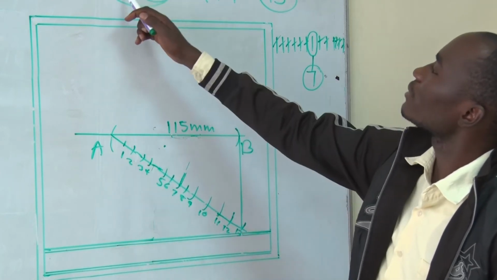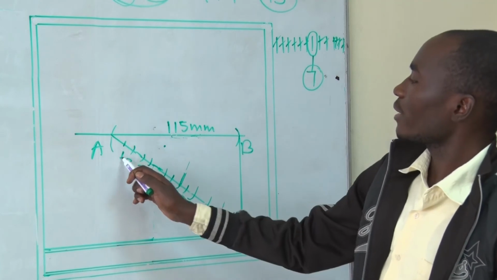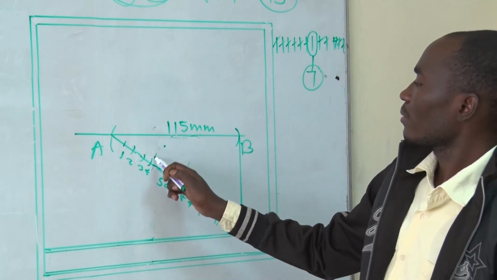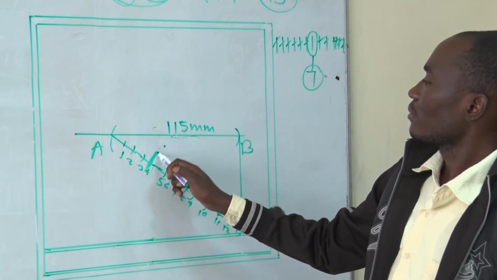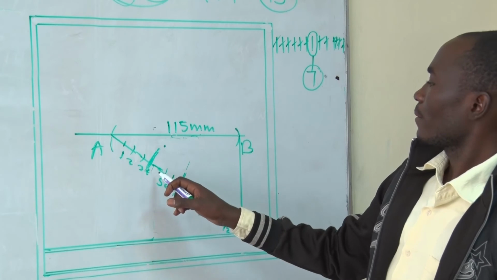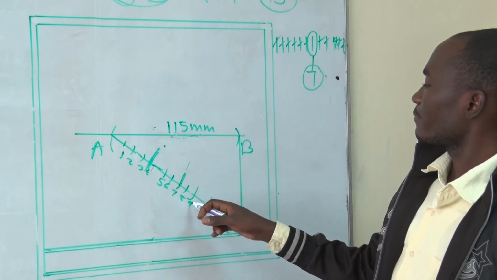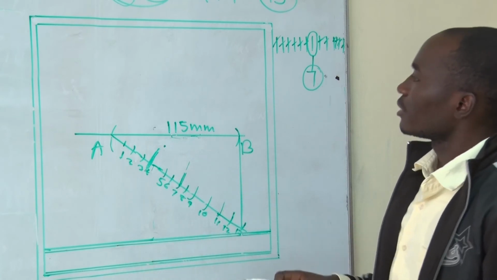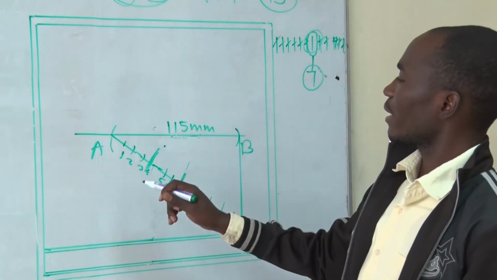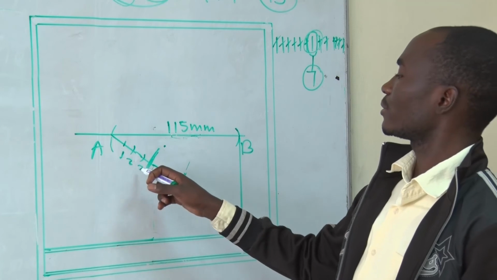Sorry, so you should count 4. So 1, 2, 3, 4. We are interested in this. Then 1, 2, 3, 4, 5, 6, 7, 8, 9. So sorry, we are not getting the midpoint. We should follow the ratio. We have 1, 2, 3, 4.